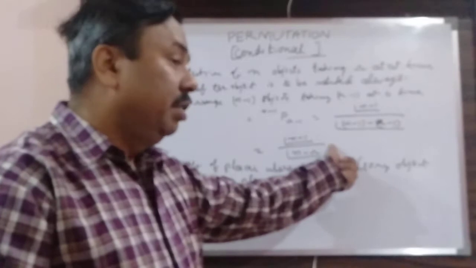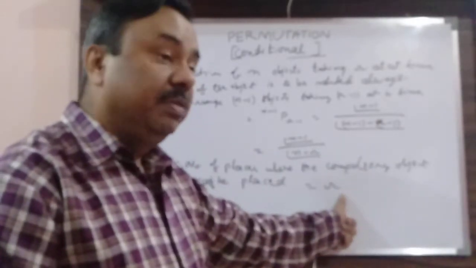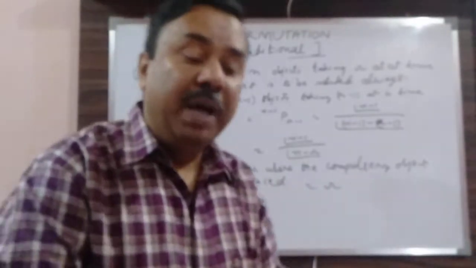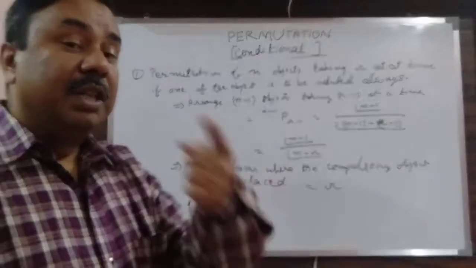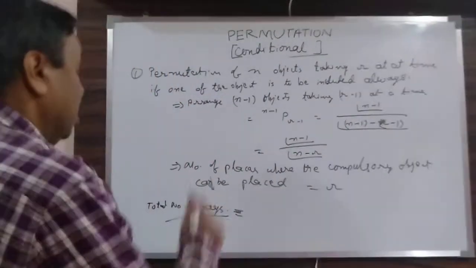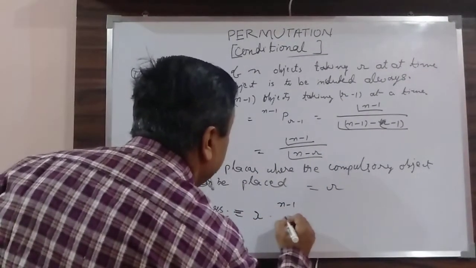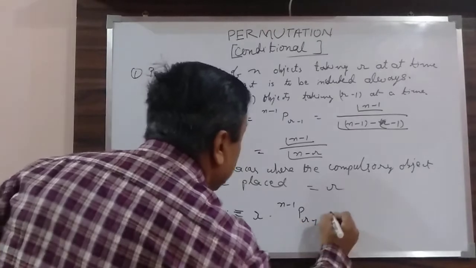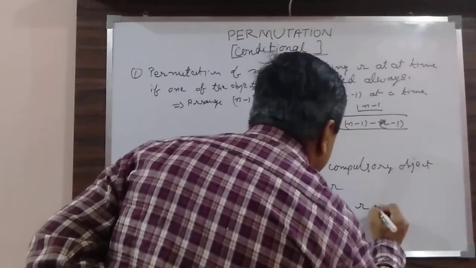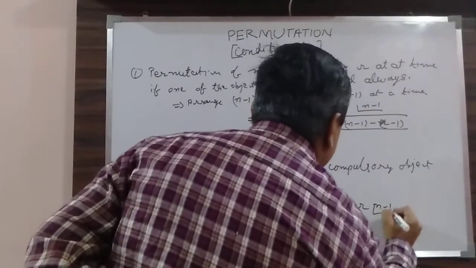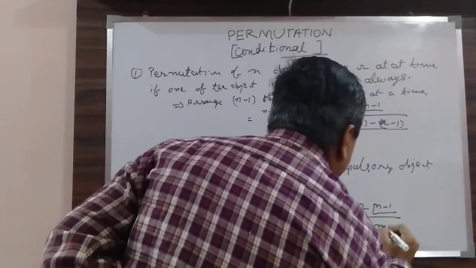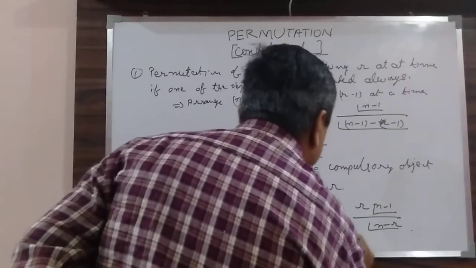So this is one permutation, this is one permutation, and both of them are to be arranged at a time. So the AND condition, that is the fundamental rule of multiplication. So this will be r multiplied by n minus 1 P r minus 1, or I can write it as r multiplied by factorial n minus 1 divided by factorial n minus r.